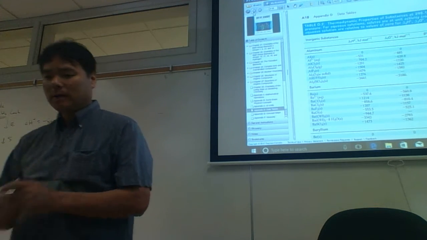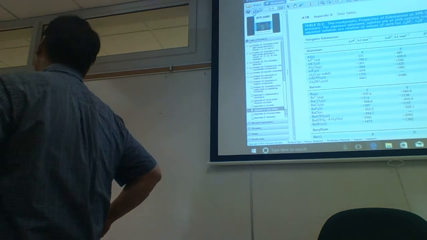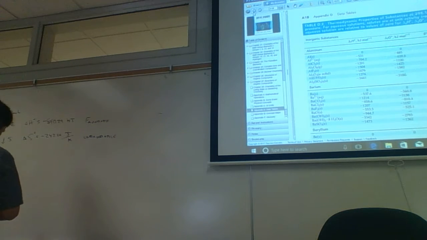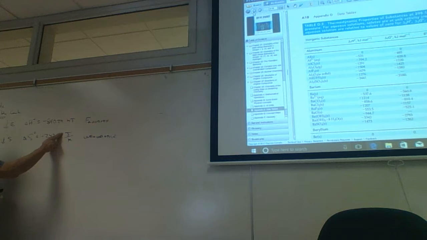So let's go ahead and compare that. Because I know the temperature of the appendix D data, the temperature is 298.15. So I'll just go ahead and do the 242.98.